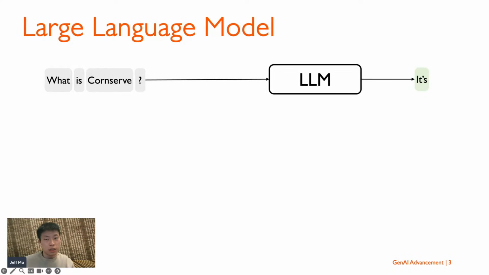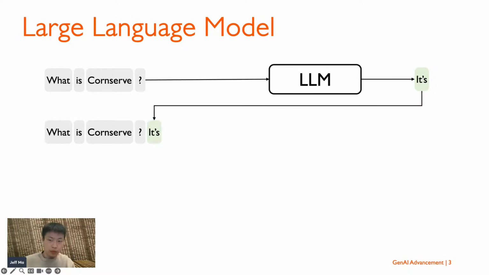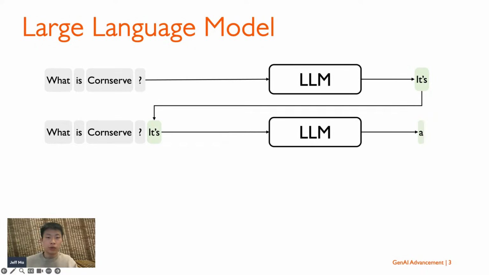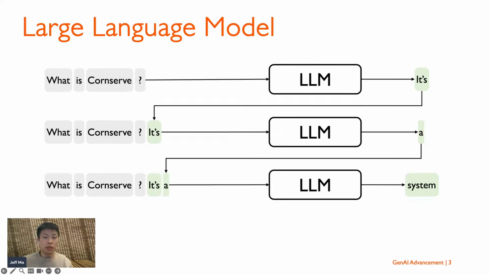In this case, it's the first token of the answer. Now this new token will be appended to the original prompt, forming a new prompt, and the LLM will simply go on trying to predict the next token. It will keep repeating this process until it hits a length limit or stop token.